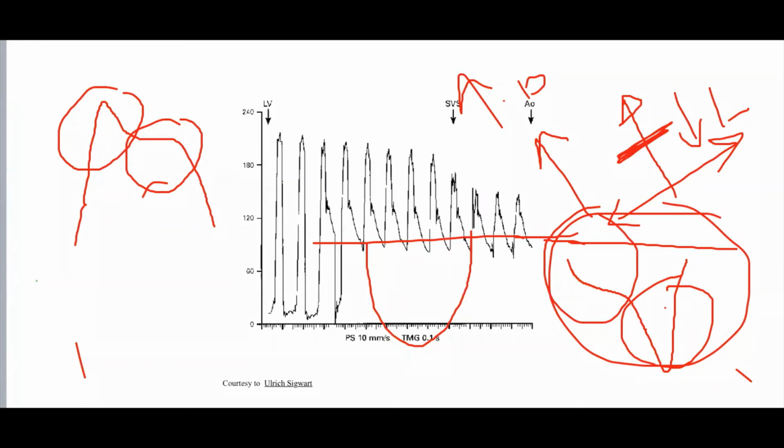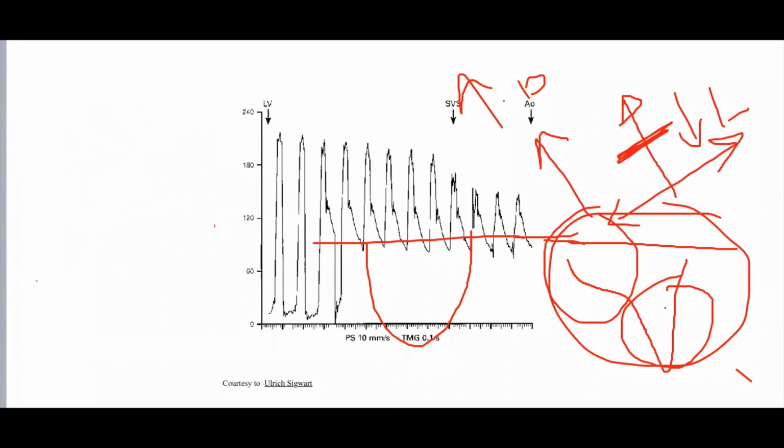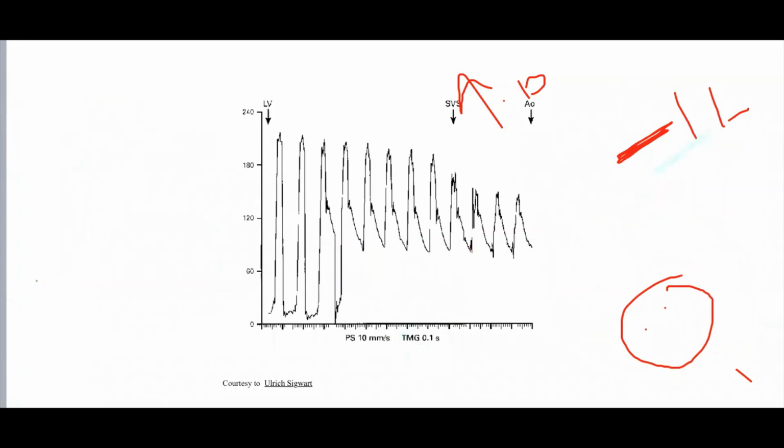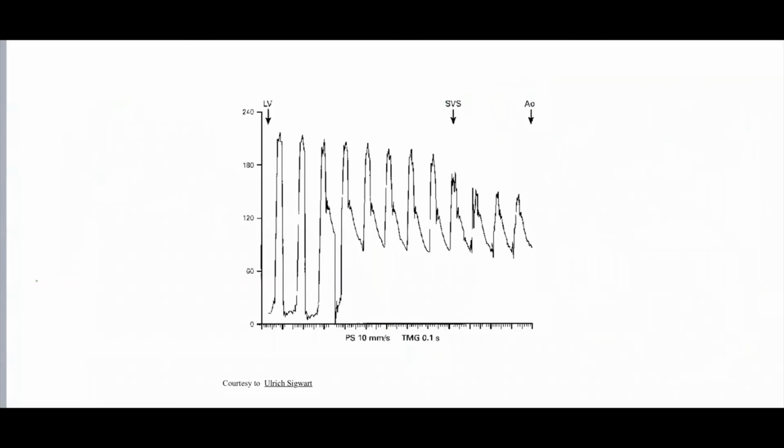That does not happen with fixed obstruction because the velocity is fixed throughout the systolic period. Okay? Good? I wish I explained it simply. Yes, good. Last slide.